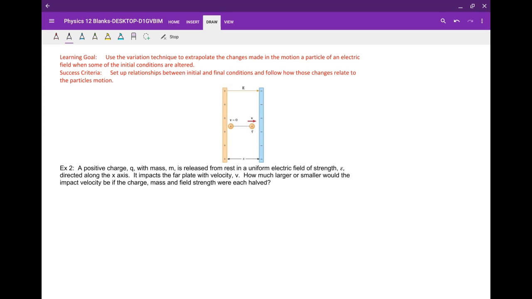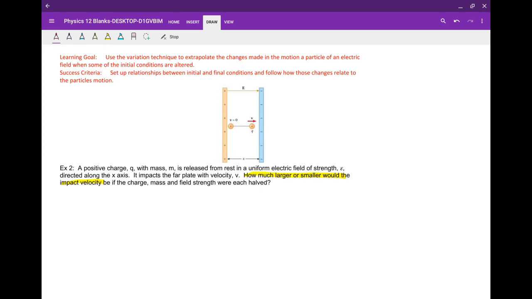How much larger or smaller would the impact velocity be if the charge, mass, and field strength were each halved? Oh, all three of them. Okay. So basically, how much larger or smaller would the impact velocity be?